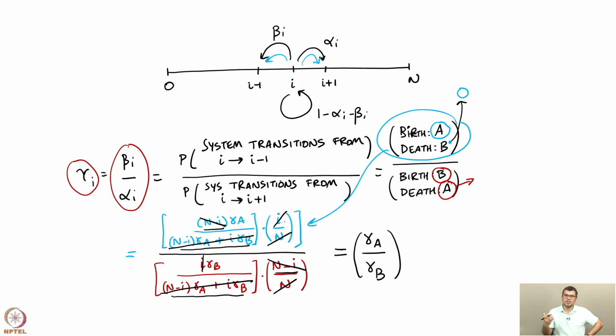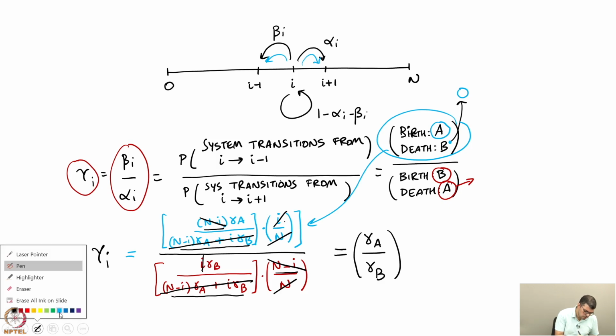And somewhat fortuitously for us, this value of gamma_i is not dependent on i. Whether i is 1 or 2 or 3 does not matter; for every value of i, the value of gamma_i is a constant which is simply R_A by R_B.